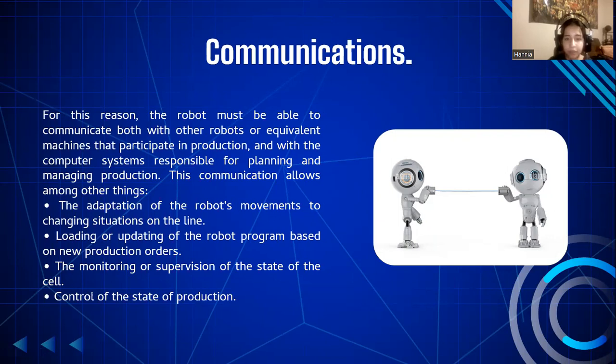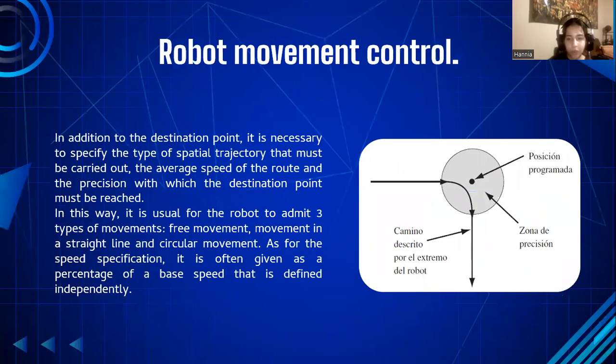And there are different considerations to allow, among other things, the adaptation of the robot's movements, the loading or updating of the robot's programs, the monitoring or supervision of the state of the cell, and control of the state of production. And the remote movement control.